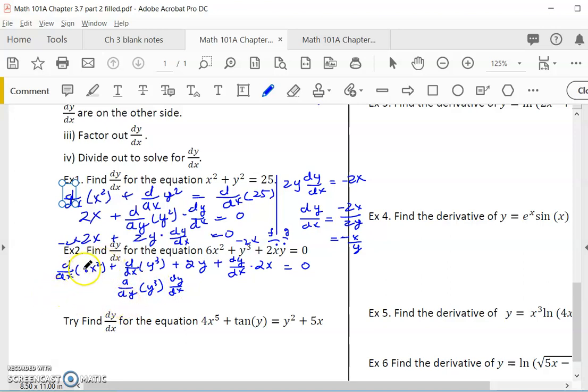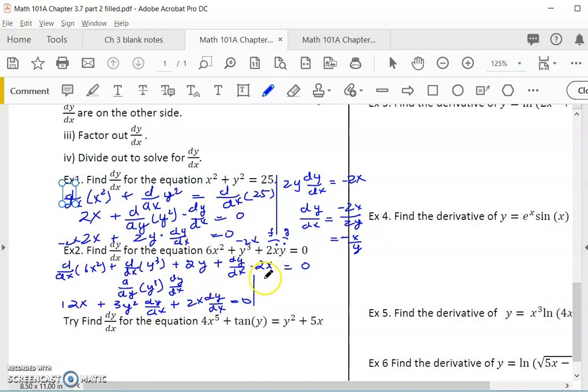So now I am going to do this one, which is 12x, and this would be 3y squared dy/dx plus 2x dy/dx equal to 0. You see how in this case I have two terms that have dy/dx. I factor it.